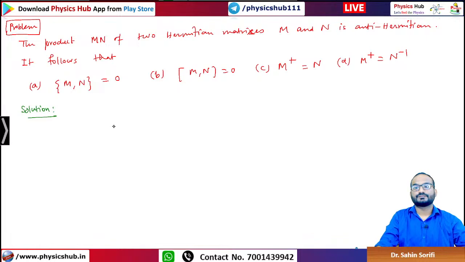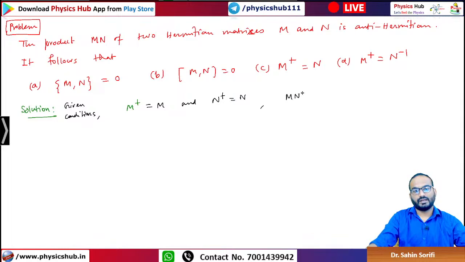Okay. M and N are Hermitian, so M dagger equals M and N dagger equals N. These are the given conditions. And MN dagger equals minus MN. This is also given.